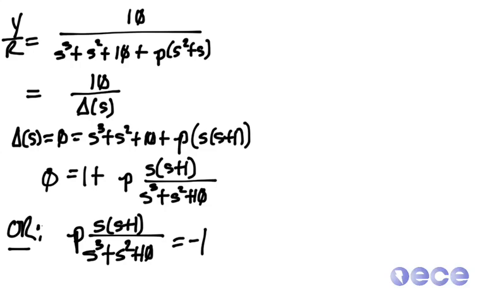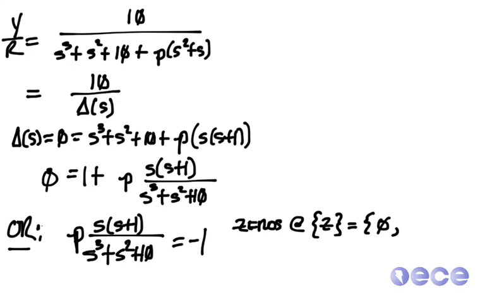Or, just like we saw with root locus before, now we have p times some open loop transfer function equals minus 1. It's not the same open loop transfer function we saw before, but it's some transfer function that we can use, and this is going to tell us how the root locus will vary as we vary the value of p.